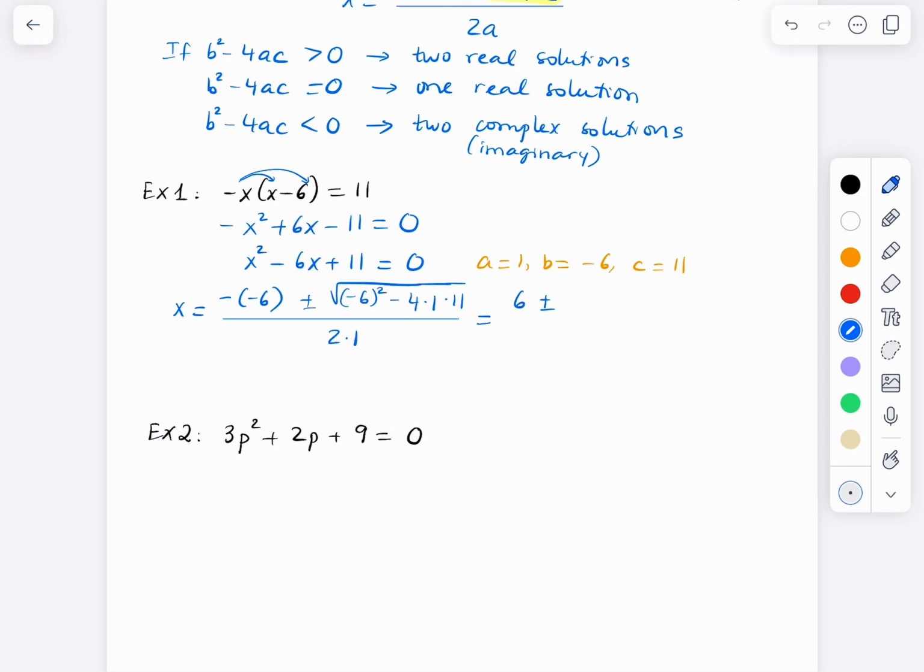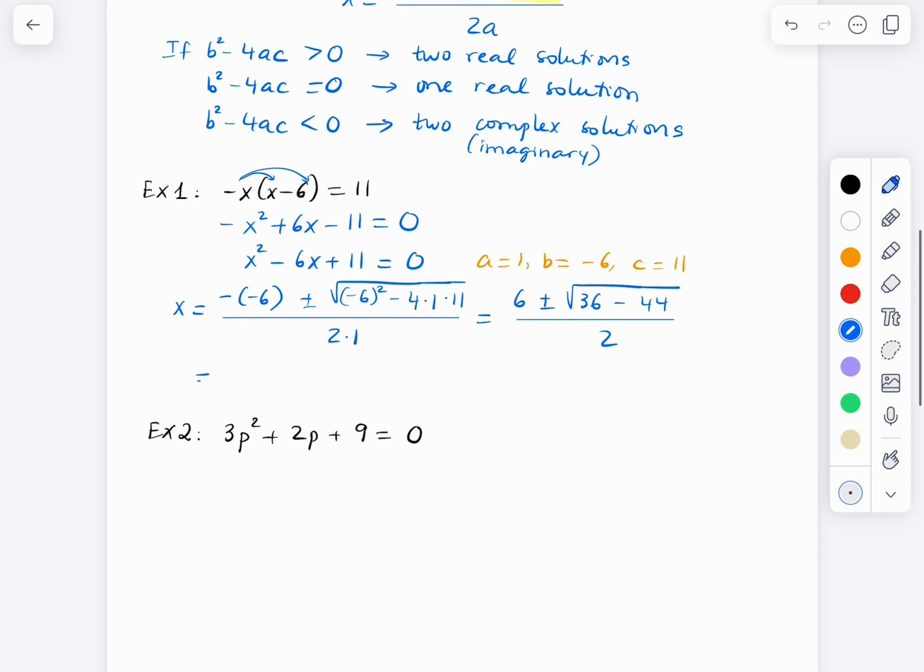Simplifying the radicand under the square root, negative 6 squared is positive 36, minus 44. Looks like we are going to end up with a negative number. So we can expect to get two imaginary solutions. That's going to be square root of negative 8 over 2.